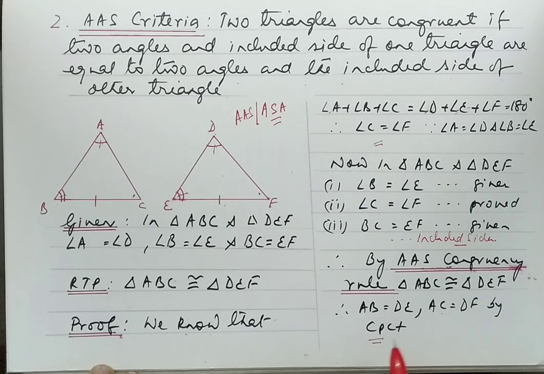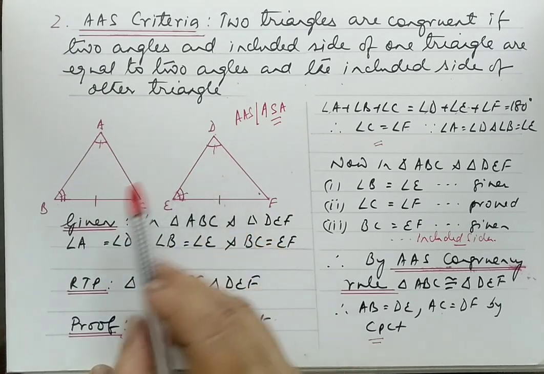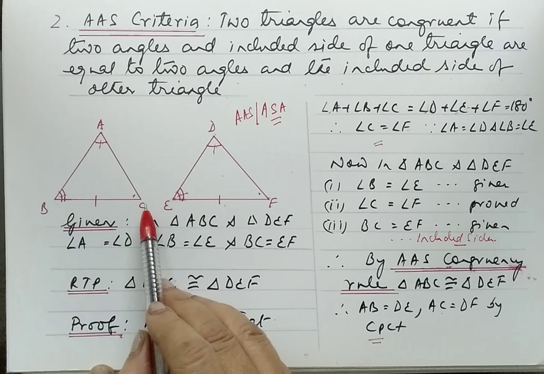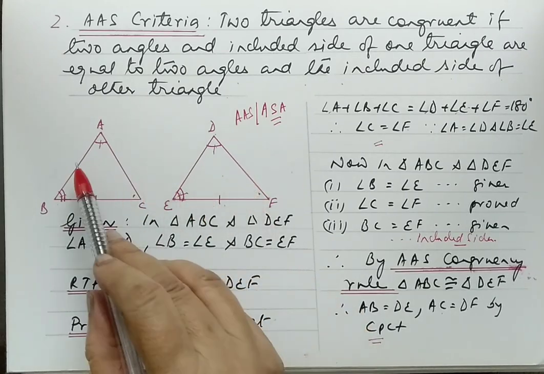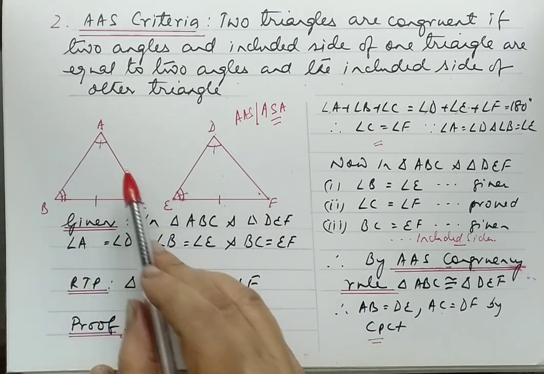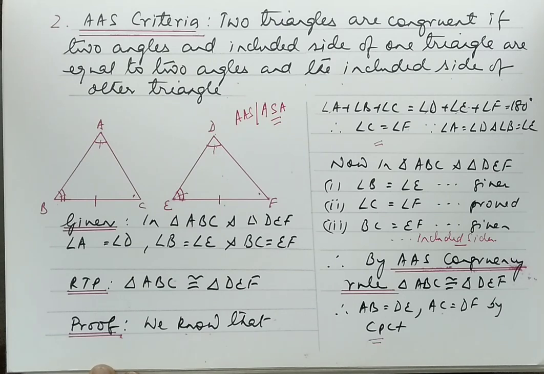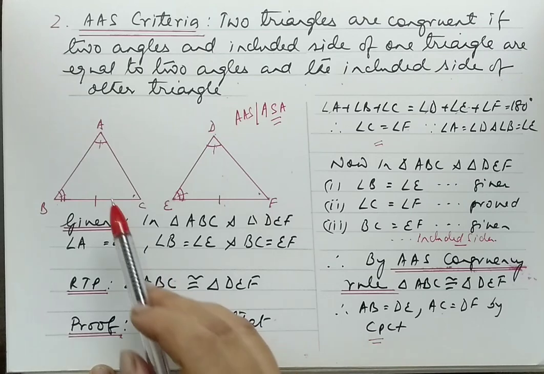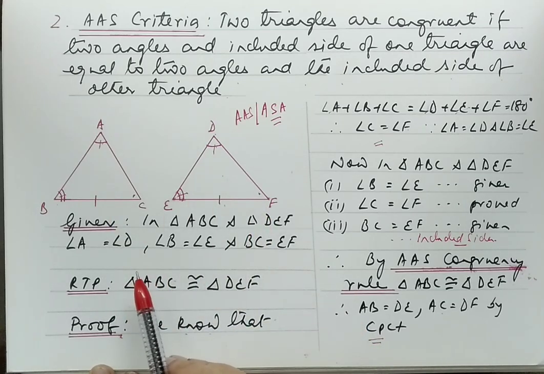Alright guys, and once again by CPCT we are given this equals to this equals to this, and this is equal to this. What about this and this? So they too should be corresponding to each other. And in what way? Let's find out.